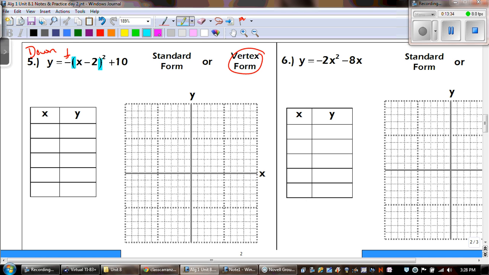I'm going to steal the vertex from those two numbers, guys. Remember, it's the opposite of what's inside the parentheses. So it says -2. So I know that my vertex is 2, and then 10.